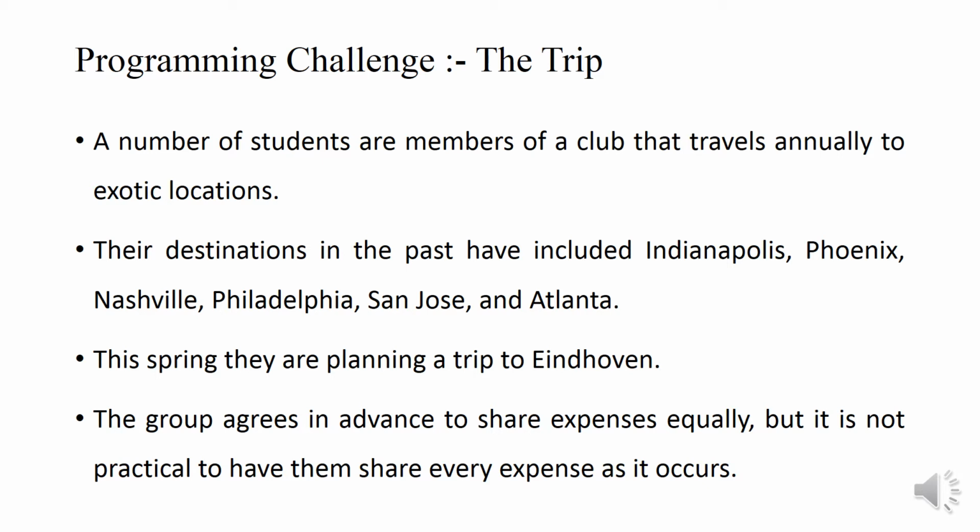They are planning a trip. The group agrees in advance to share expenses equally, like our trip. We do not decide the final expenses for that trip; we only share the expenses, which will be estimated only. It is not practical to have them share every expense as it occurs.